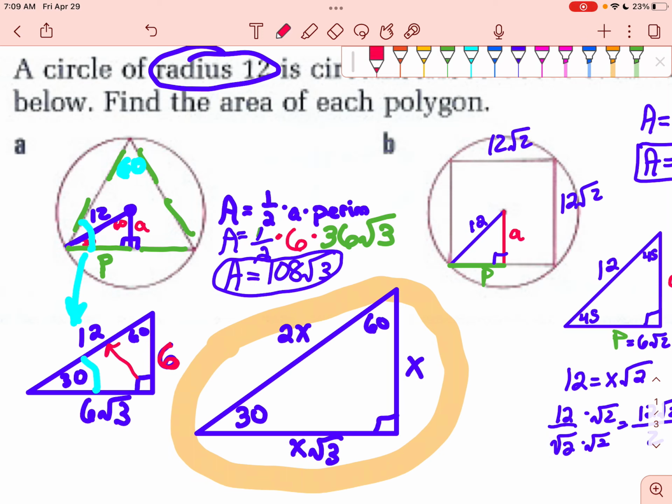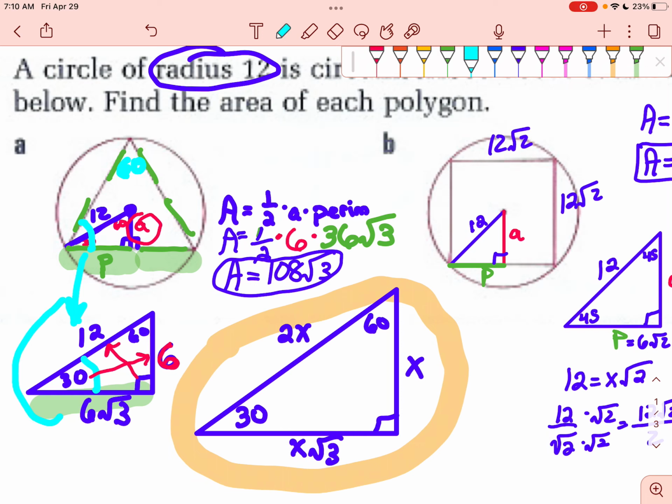But the side across from the 90 is always equal to 2x. Therefore, the side across from the 30 is always equal to half that. And that 6 ends up being the apothem of the triangle. So that's why you see the 6 over here, okay? The base of my triangle ends up being 6 root 3, and if you take a look at that, the base of this triangle should be 12 root 3 because it's double.